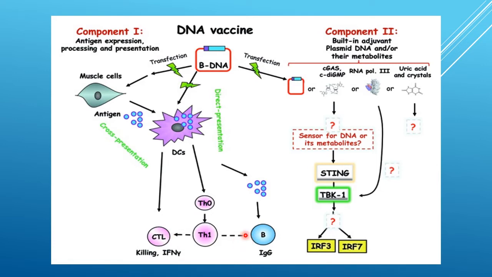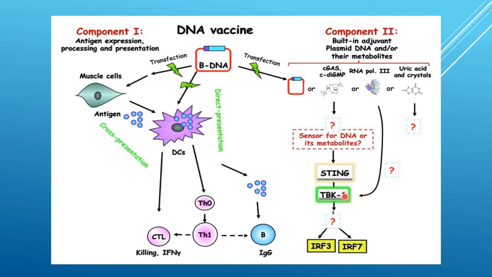Another way is that the transfected DNA plasmid itself may bind to unidentified cytosolic DNA sensors and activate the TBK1 and STING pathway, and production of type 1 interferon, which functions as an adjuvant.